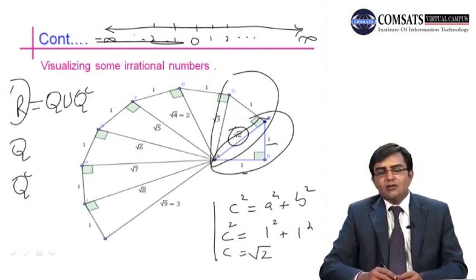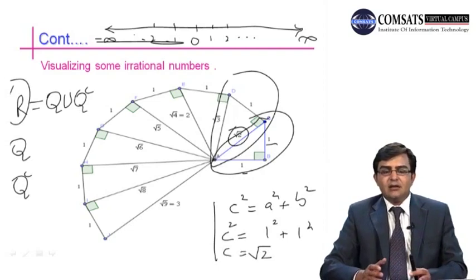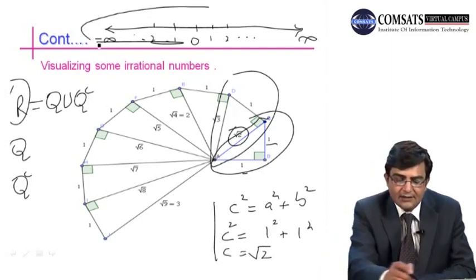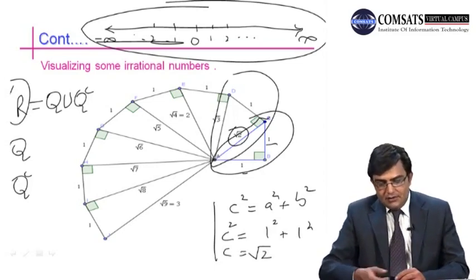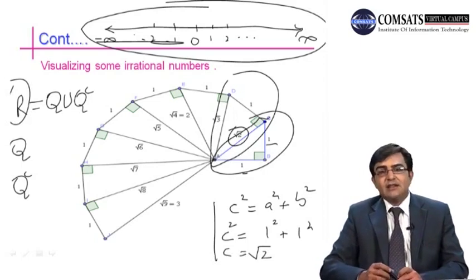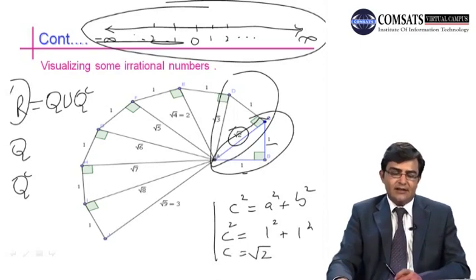On this line, each number is either a rational or an irrational number, and if we take the union of rational and irrational numbers, we obtain this line, which is called a real line. So in mathematics, R is basically the union of Q and QC, the union of rational and irrational. This is basically the set of real numbers.